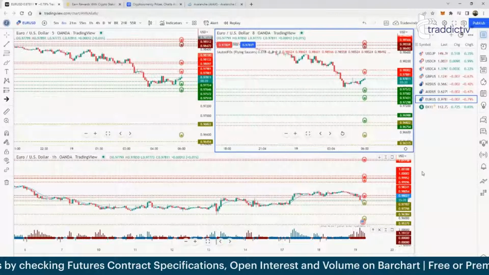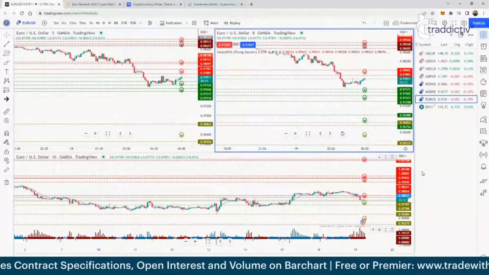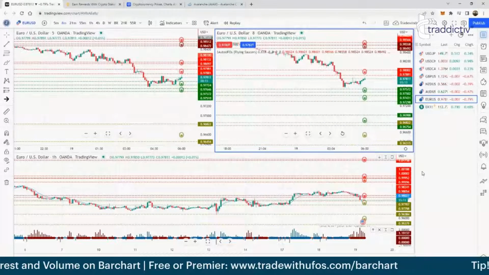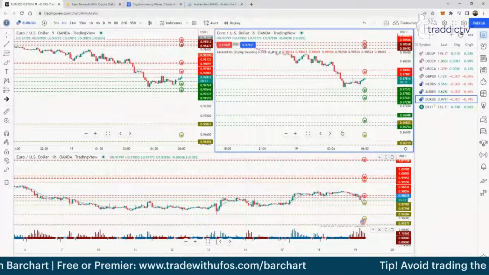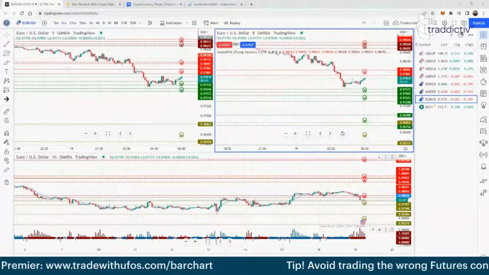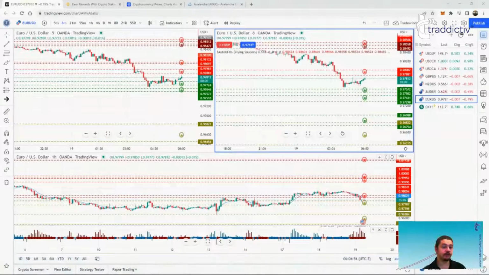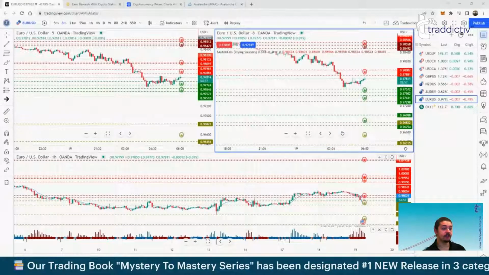And of course, different brokers, different exchanges may have different benefits to the various coins that are available when it comes to executing on them. So we'll be getting those done and looked at based on an individual case scenario.